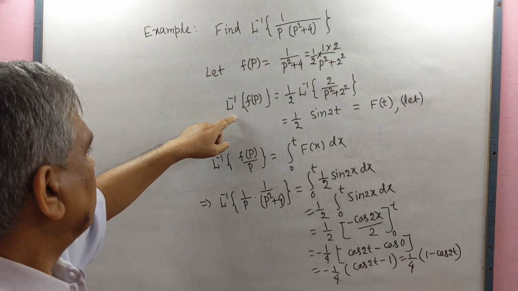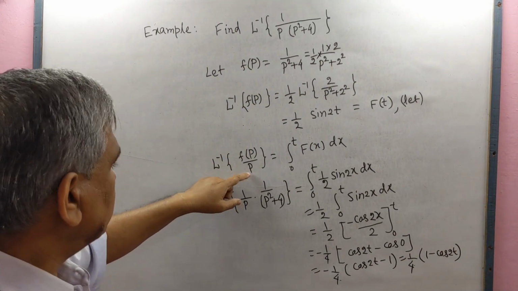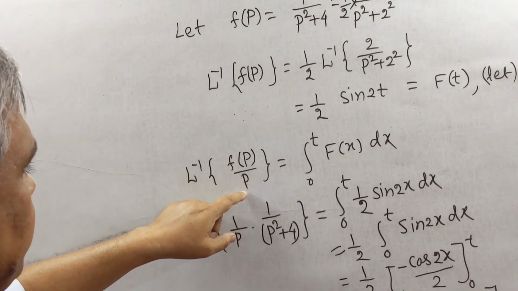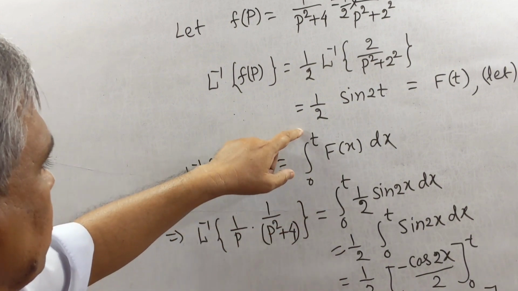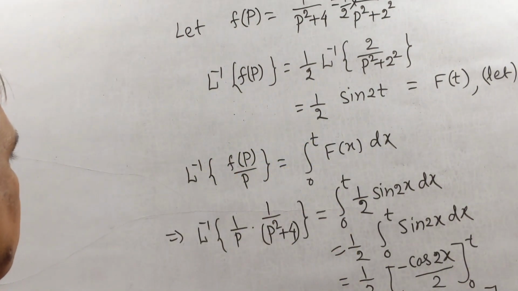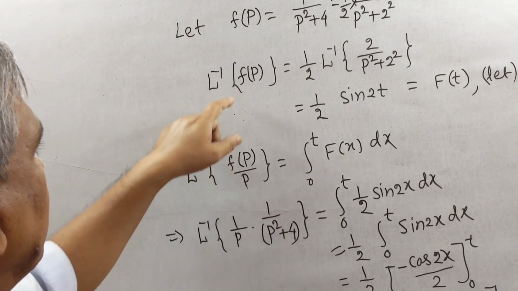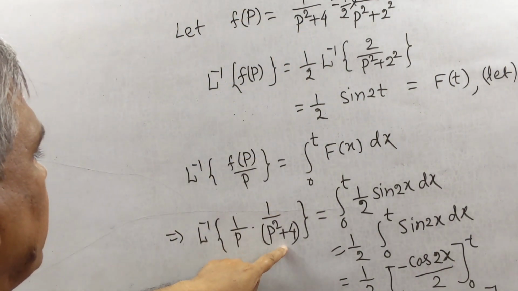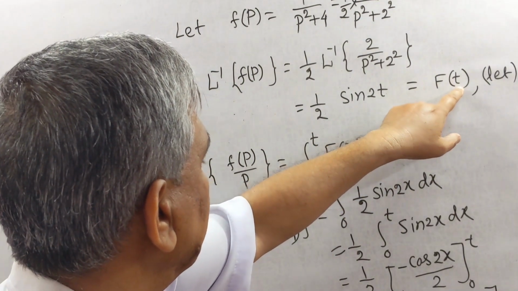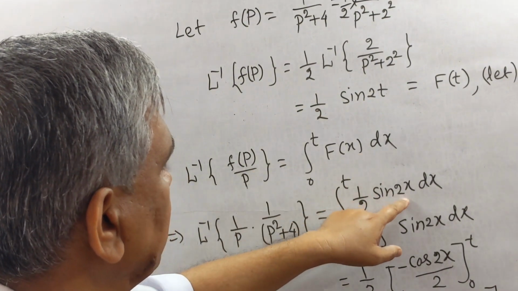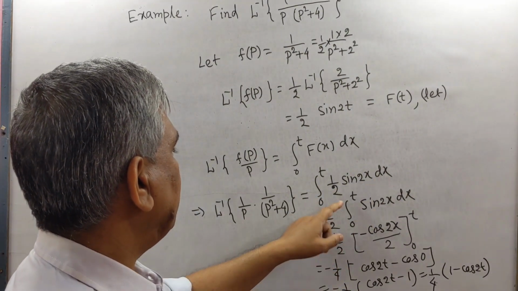Now we apply the formula for division by p. L inverse f(p)/p equals the integral from 0 to t of F(x) dx. Here 1/p times f(p), where f(p) is 1/(p square plus 4), equals the integral from 0 to t of F(x), which is half sin 2x, dx, with half outside.